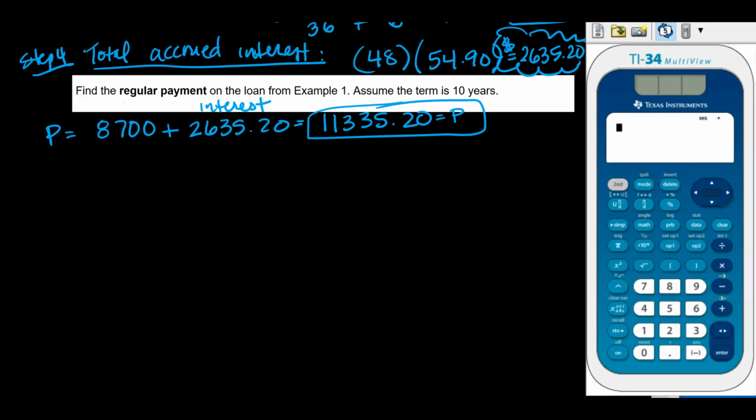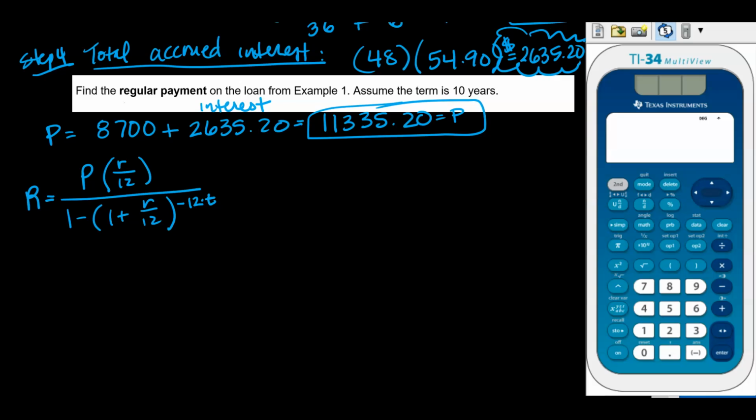So I'm going to go ahead and write down the formula. We've got R, big R stands for regular payment, equals the principal times the rate over 12, and it's always rate as a decimal, divided by 1 minus 1 plus rate over 12 to the negative 12 times t power. Sometimes you'll see a negative 120 here instead of negative 12 times t.